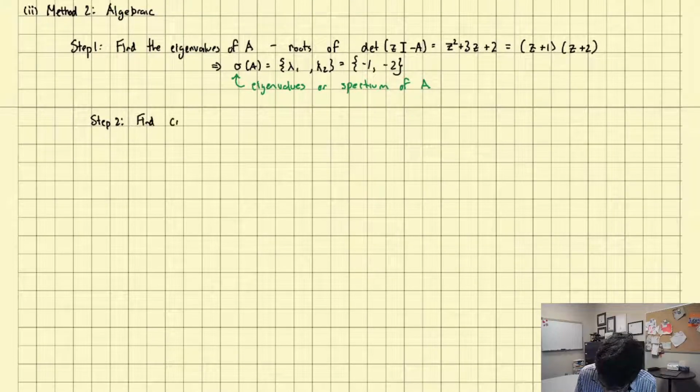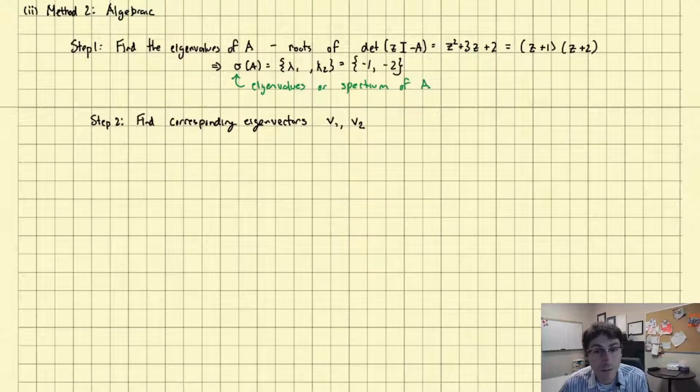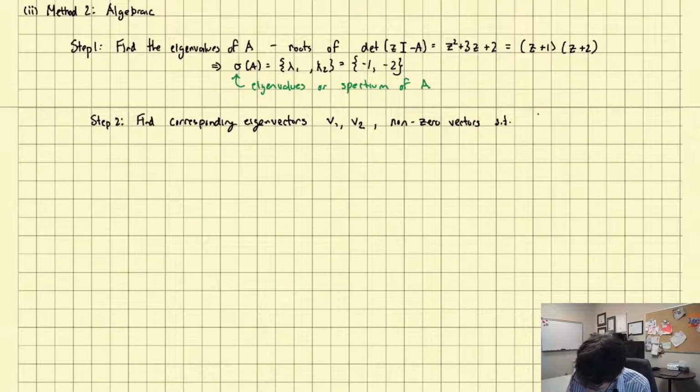Find corresponding eigenvectors V1, V2, right? So the eigenvectors corresponding to the eigenvalues lambda 1 and lambda 2. So these are non-zero vectors such that A Vi equals lambda i Vi.